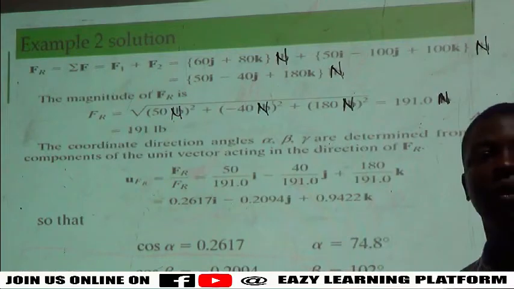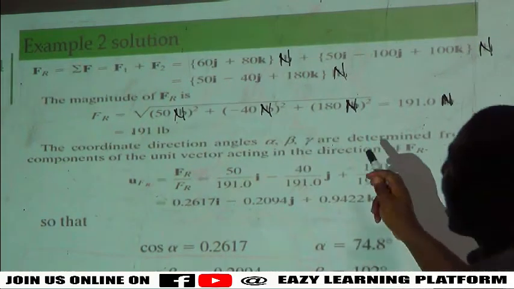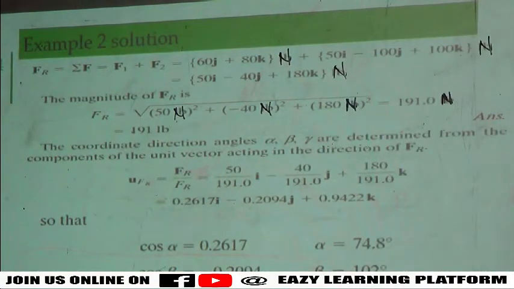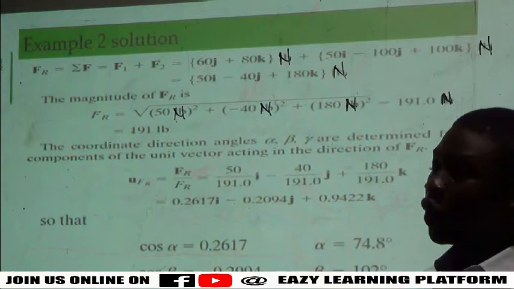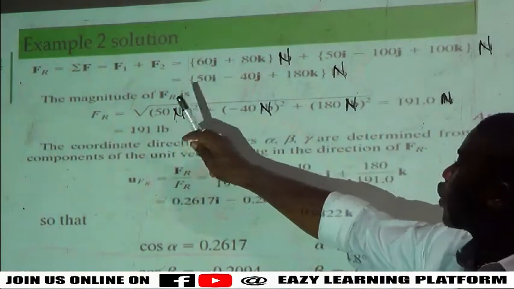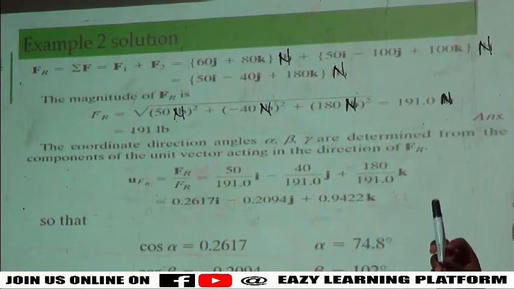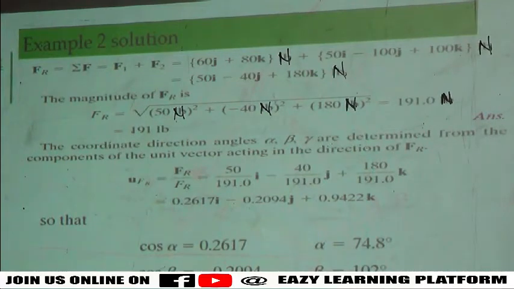The magnitude of the resultant force FR is equal to the square root of 50 squared plus minus 40 squared plus 180 squared. It's very simple. Equals 191.0 Newton.